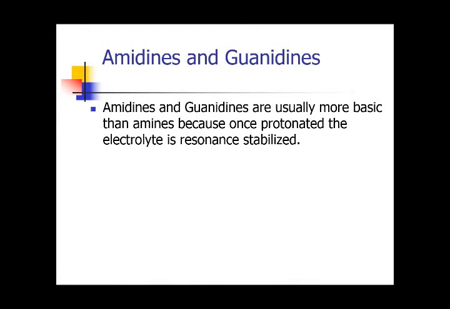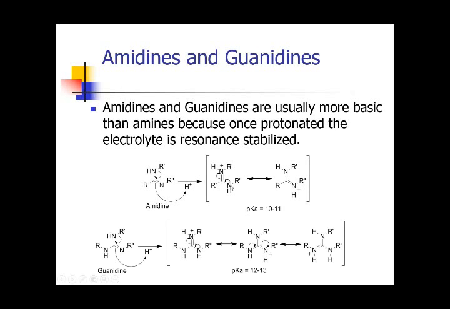Other ones, amidines and guanidines, these are very basic. Again, they contain nitrogens, but they're very high, typically in the 10 to 11 or 12 to 13 range. The reason is there's a lot of resonance stability, but if you were to draw this correctly, it's the nitrogen that sort of looks like the imine nitrogen that gets the proton here. So here, these have a pKa of 10 to 11.